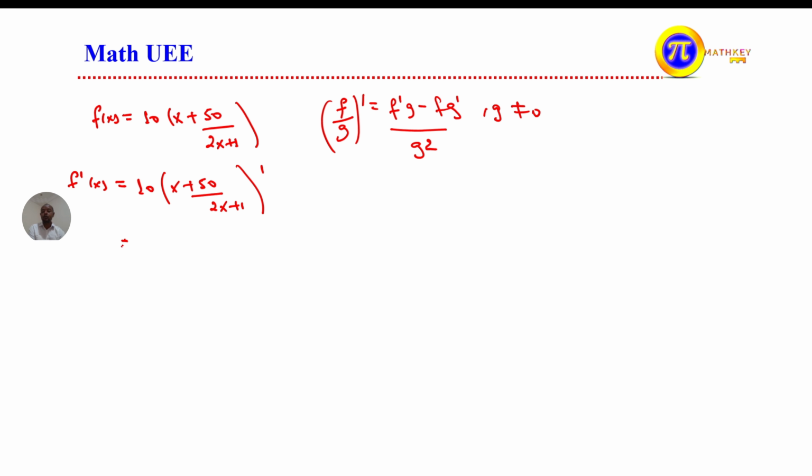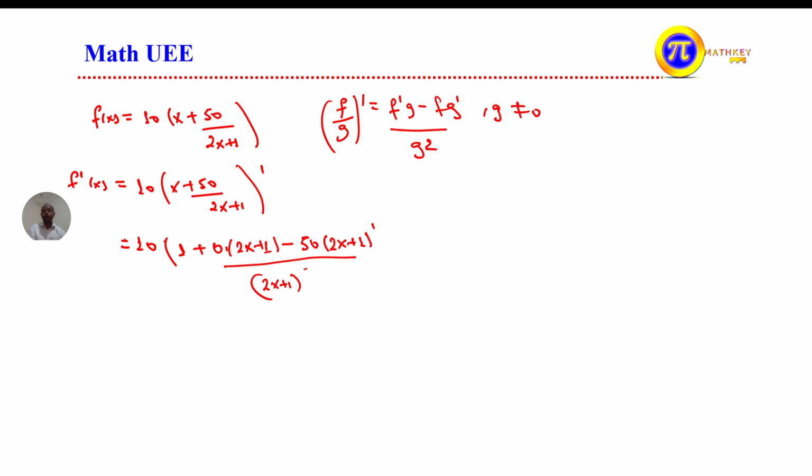This is equal to 10 into the derivative of x, which is 1, plus the derivative of 50 over 2x. The numerator 50 is a constant, so its derivative is 0, giving 0 times 2x plus 1, minus the derivative of the denominator, 2x plus 1, times 50, divided by the square of the denominator, 2x plus 1.